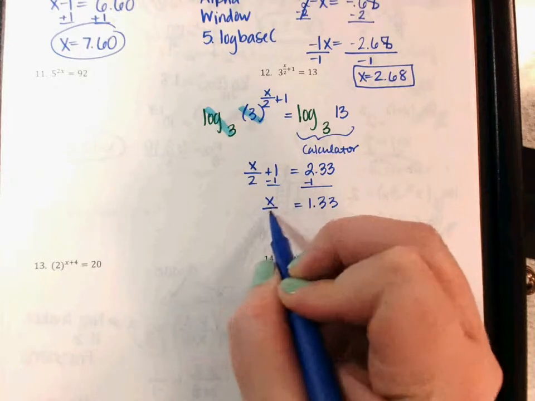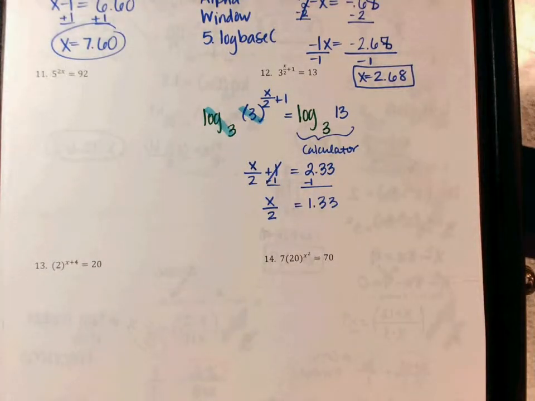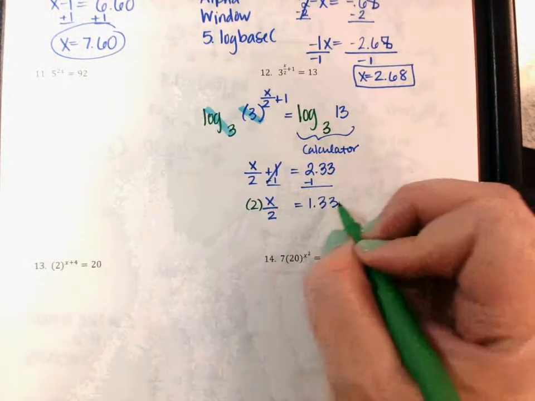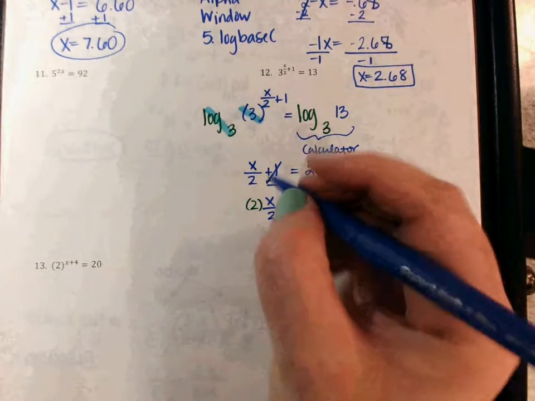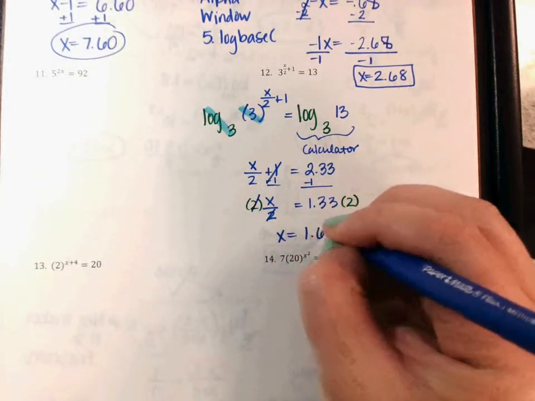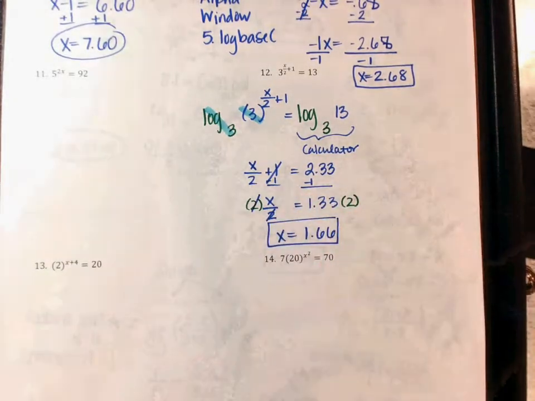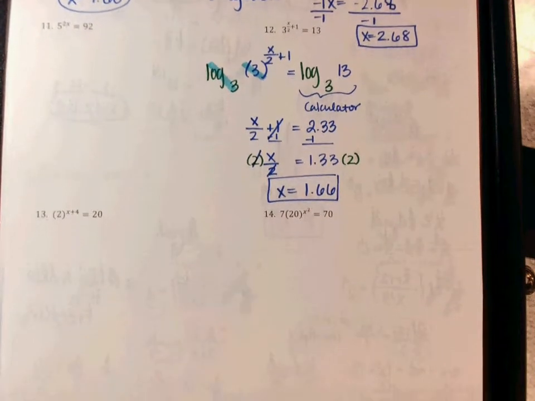And then if it's an x over 2, remember that's an x divide by 2. To get rid of divide by 2, you multiply by 2. So I'm going to times by 2 here, times by 2 here. So that's going to give me 1.66, because I'm just doubling it, basically. Okay? Alright, last one we're going to do is 14.